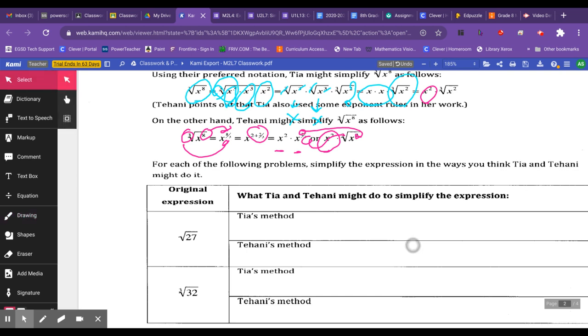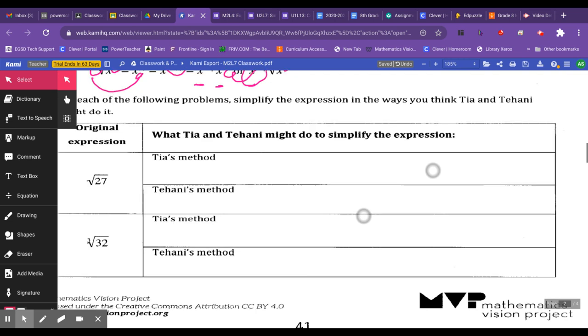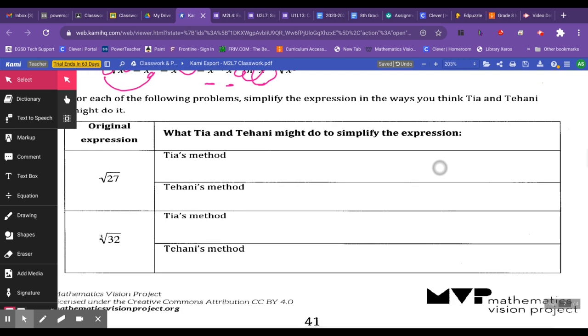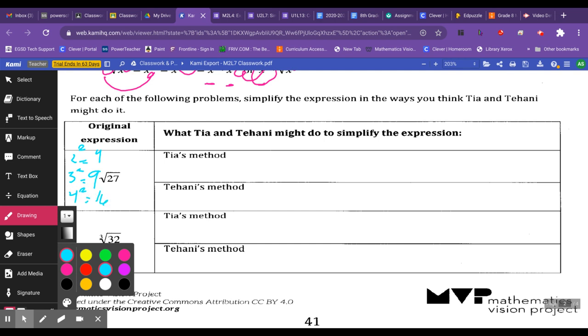So let's try with the first one. These two will seem similar to what you've done previously in lesson 5. Tia says, let's keep it in roots, so let's use blue for her. So 27, I want square roots. The first thing you want to do is think 2 squared is 4, 3 squared is 9, 4 squared is 16.